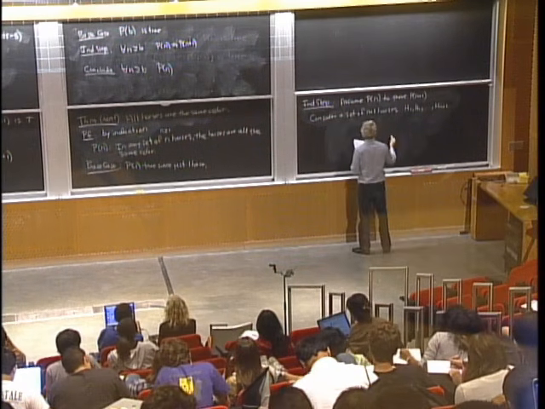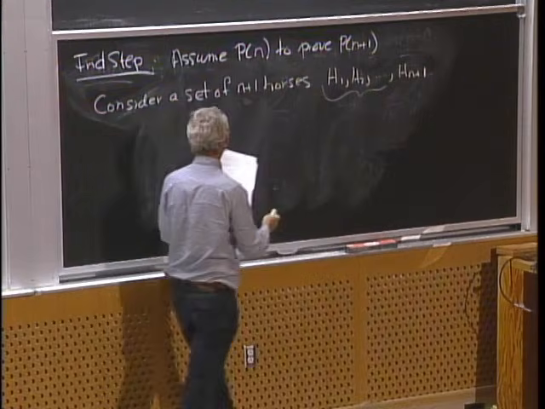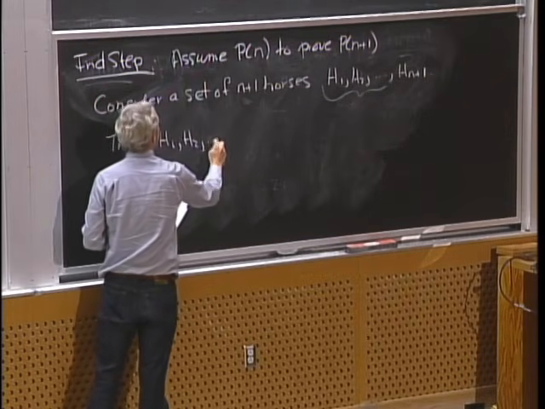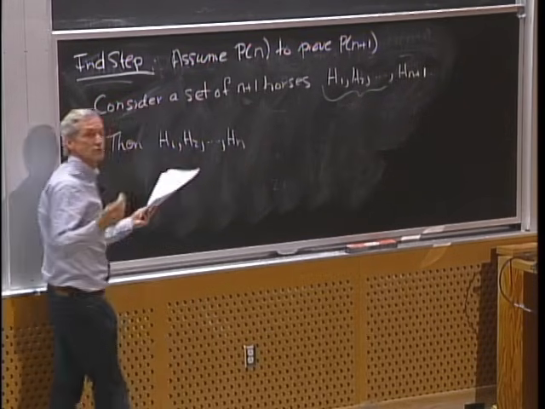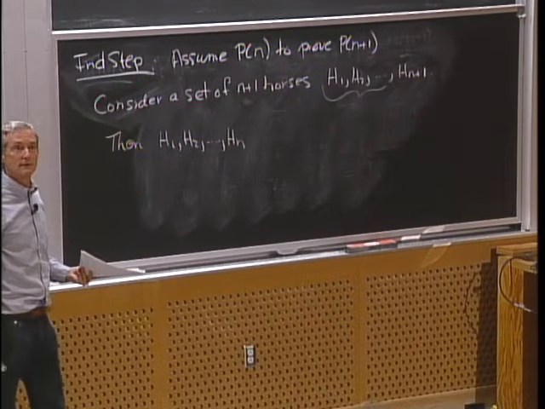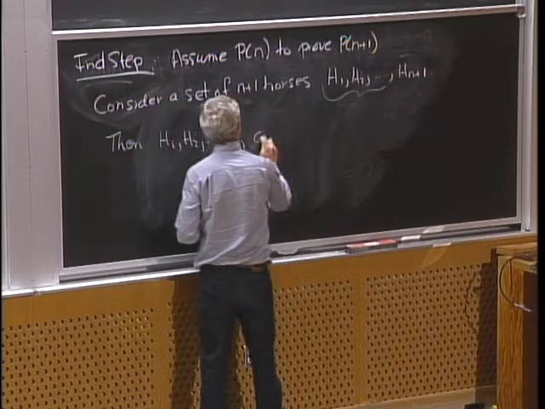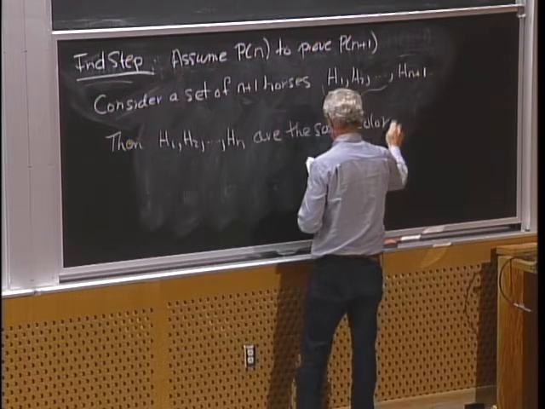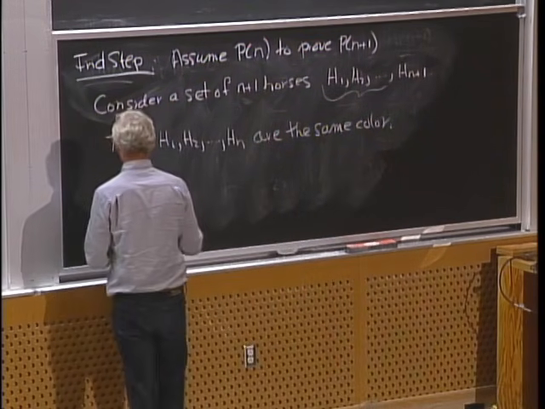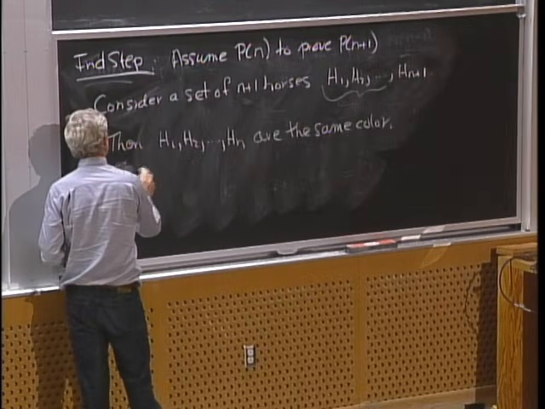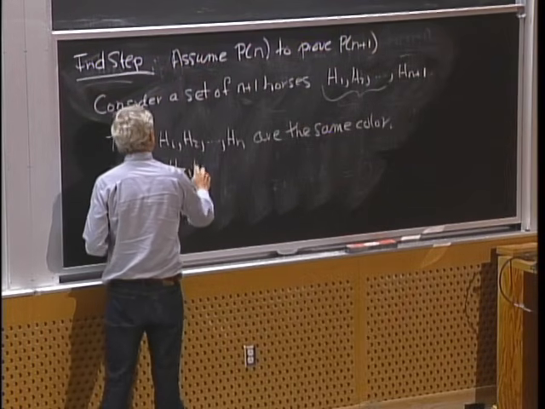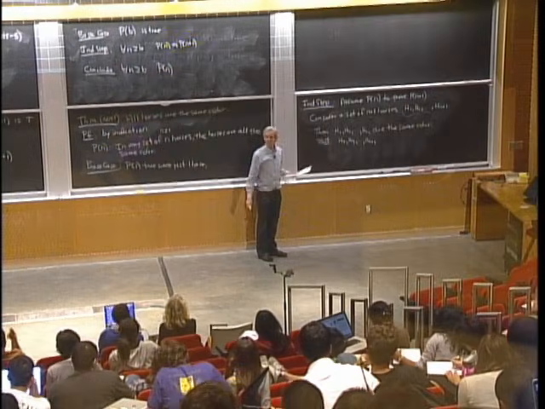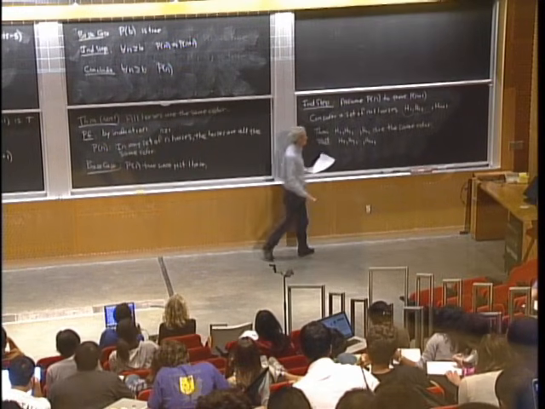What do I know about horses h1 to hn? They're the same color because Pn is true. They're a set of n horses. By Pn, they're all the same color. Also, what do I know about h2, h3, to hn plus 1? All the same color because they're a set of n horses.